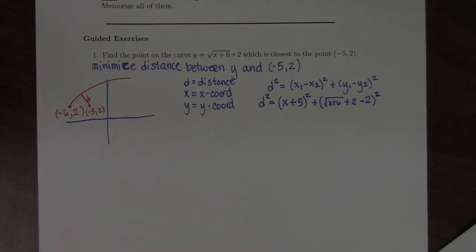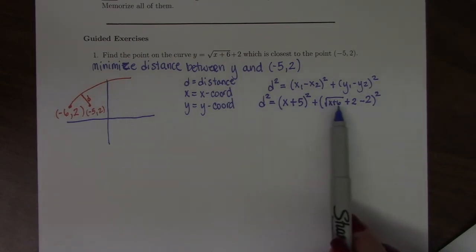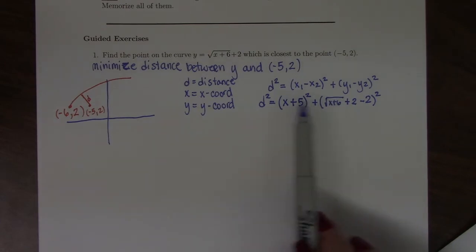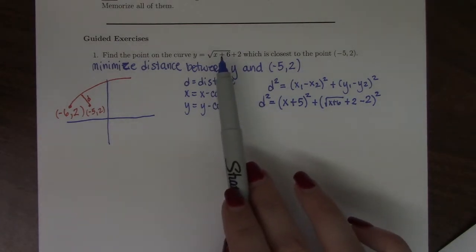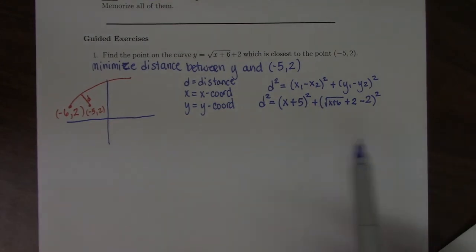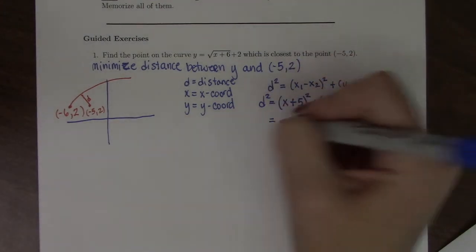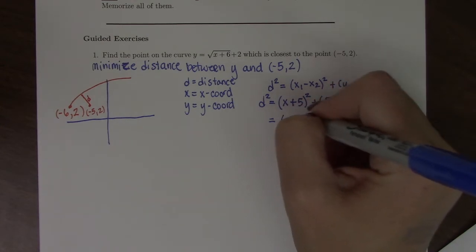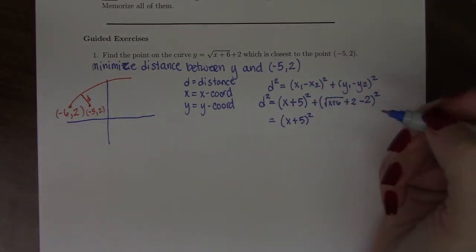So before I actually dive in and take the derivative, I can simplify this function down a little bit. But keep in mind when we go to do the domain, notice the original incarnation, because the point has to live on this curve, that's going to affect the domain once I do a little bit of algebra. If I clean this up a little bit, on the right side I get x plus 5 squared.